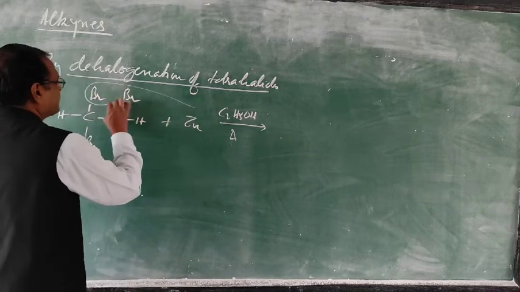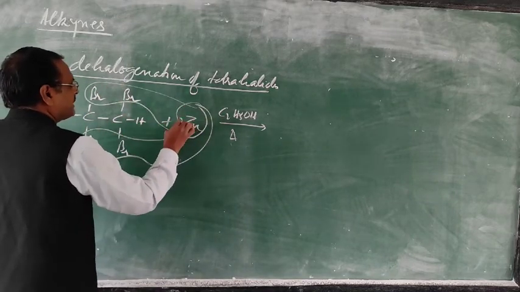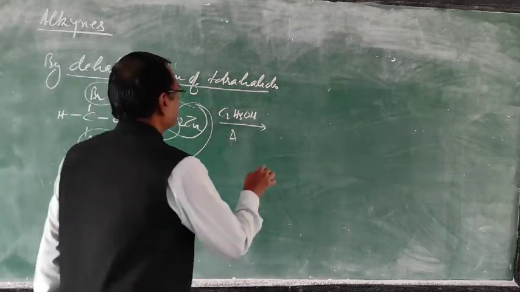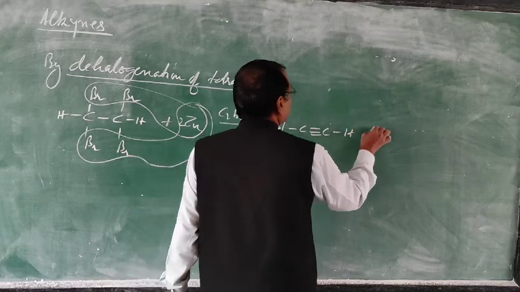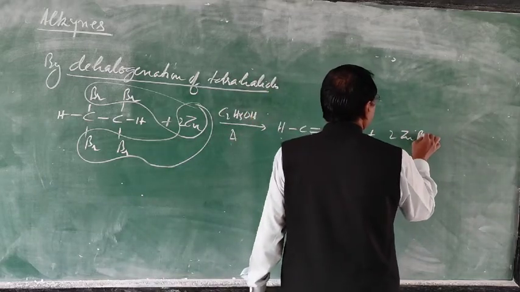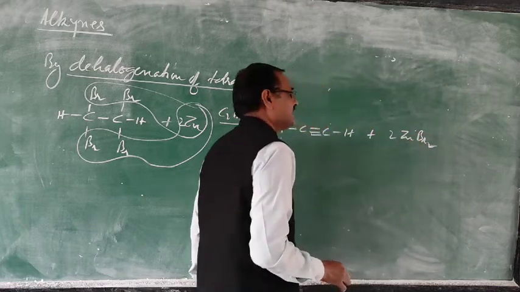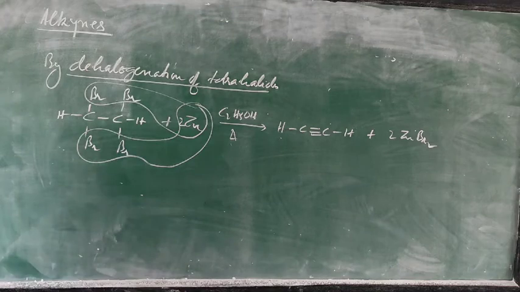One zinc will take 2 bromine from here and one zinc will take 2 bromine from here. So this will form C triple bond C, then 2 ZnBr2. The bromine valence is 1 and zinc is 2, that's why ZnBr2.